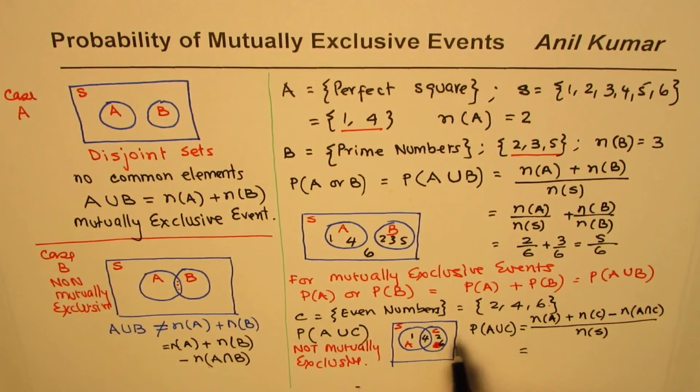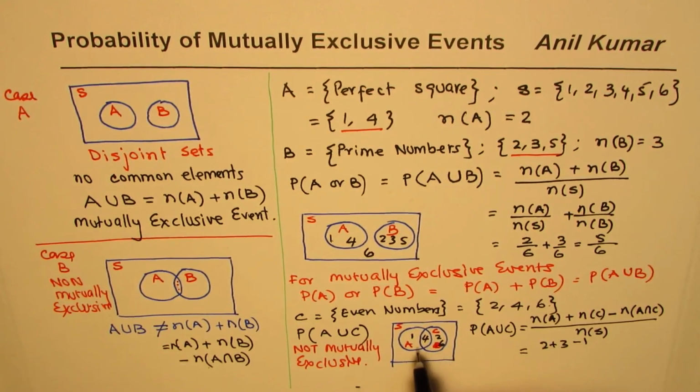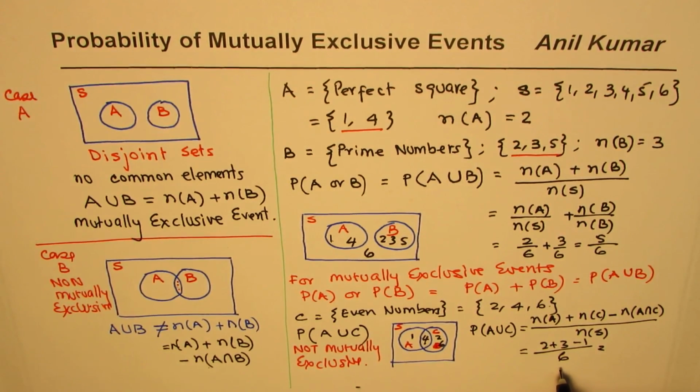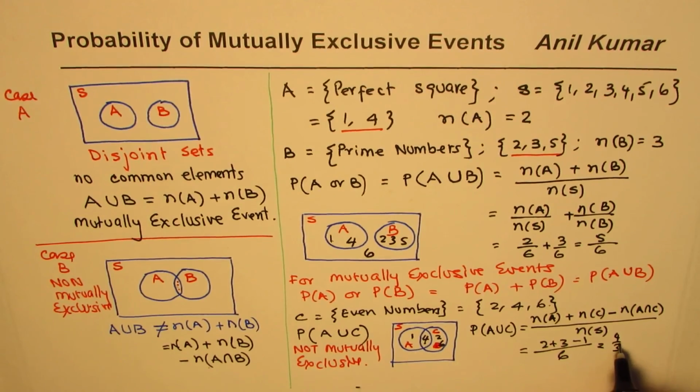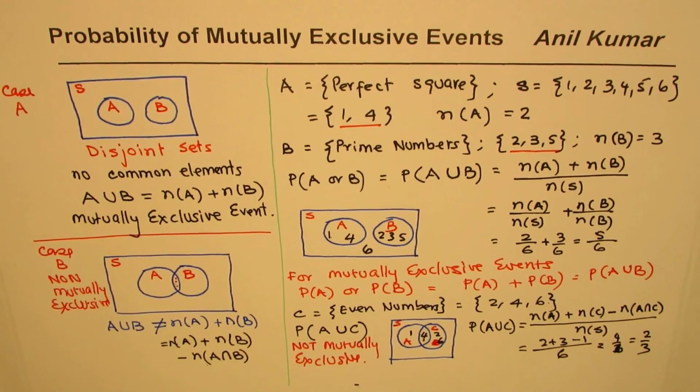So in this case, the probability is really 2 plus 3 minus 1, because 1 is common, right? Divided by 6. It is not 5 over 6 in this case. It is 4 over 6, right? 5 minus 1, 4 over 6, or 2 over 3. So that is the case when the events are non-mutually exclusive.